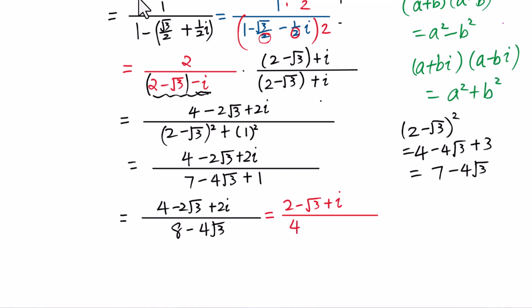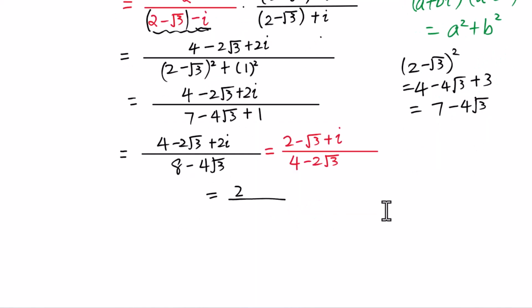Denominator: 4 minus 2 square root of 3. So we get (2 minus the square root of 3) over (4 minus 2 square root of 3), plus i over 4 minus 2 square root of 3.